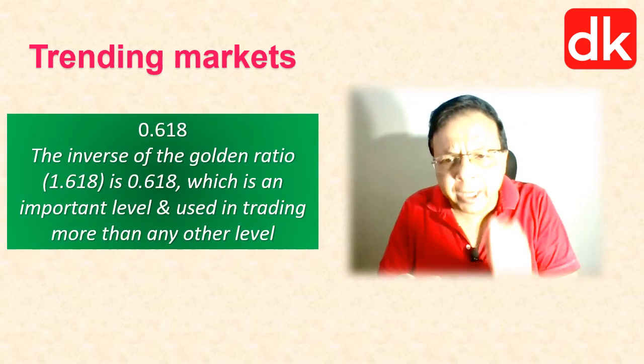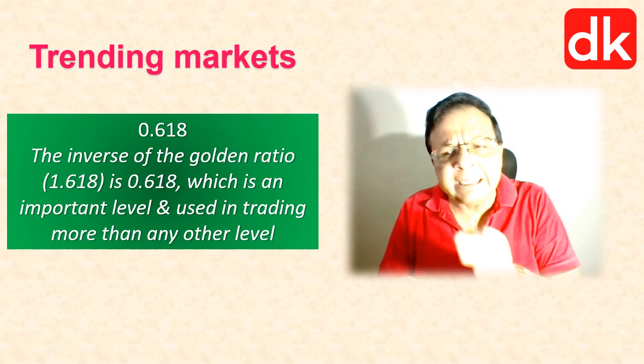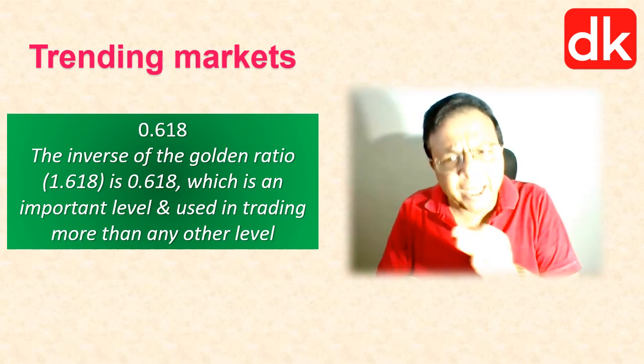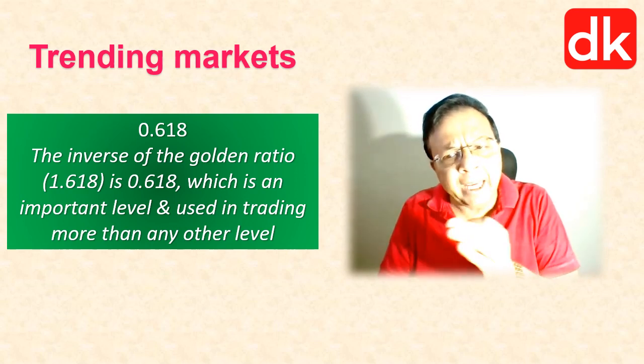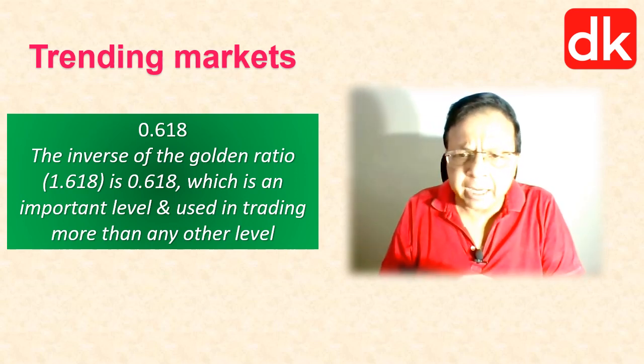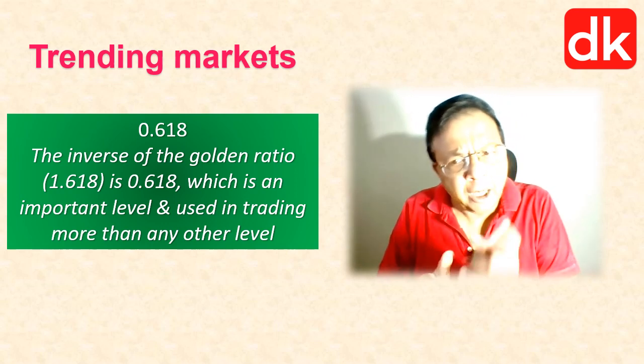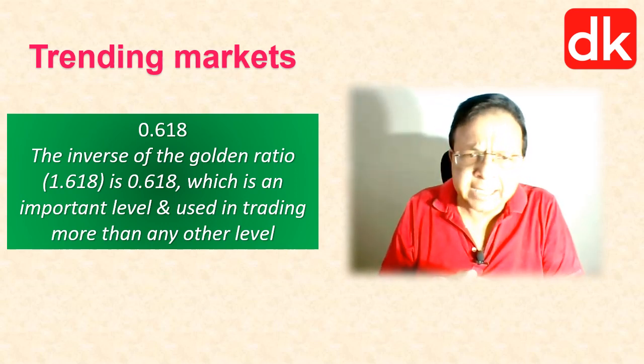And the second very important thing to bear in mind is that 0.618, the golden ratio, is very significant. We simply cannot ignore the role of golden ratio in making an analysis of financial market, whether it is a stock market, commodity market or currency market.